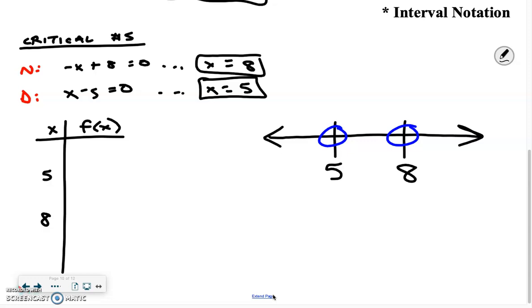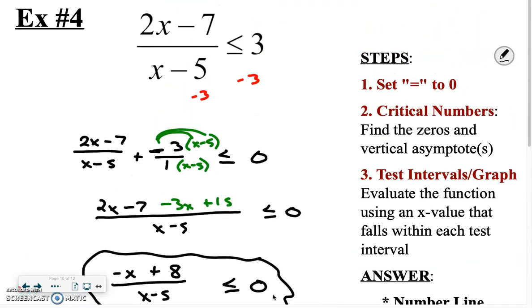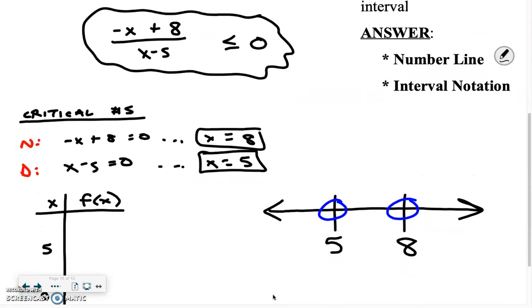Now, please understand that here, technically, we have a choice. We could go back and work with the original, but why? That's going to make things more complicated. So we've done this work to simplify, to set things to 0. So for that purpose, let's continue working with this negative x plus 8 over x minus 5, saying that we're trying to be less than or equal to 0.